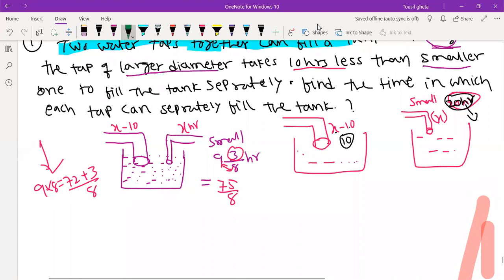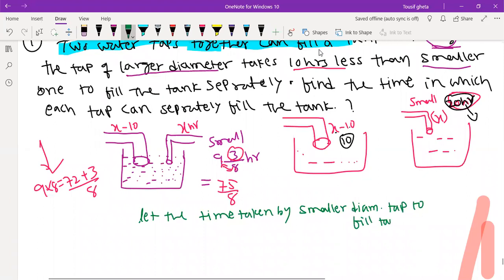Let the time taken by the smaller diameter tap be X hours.